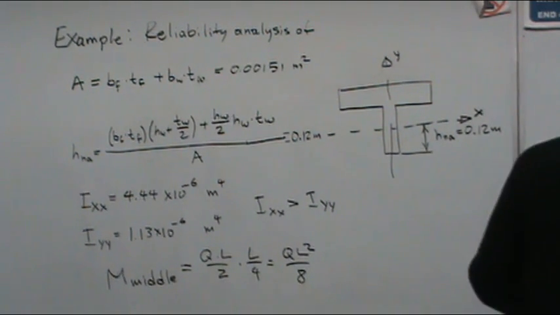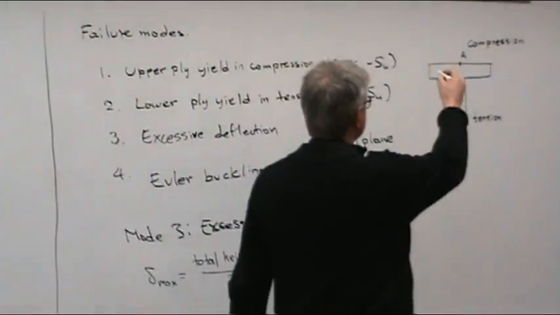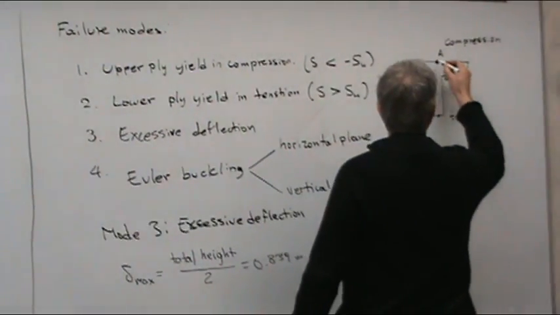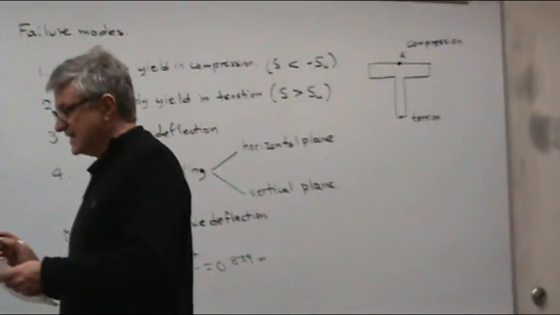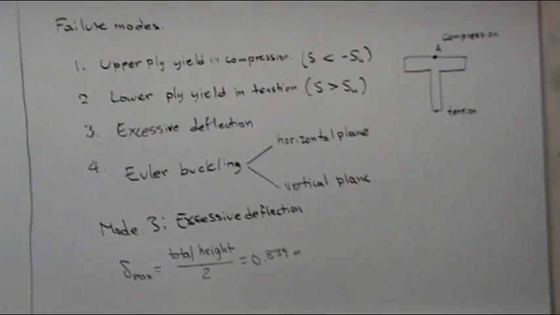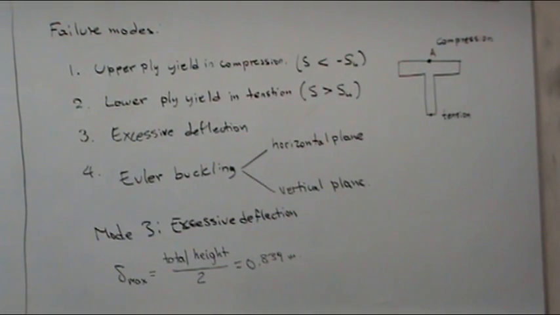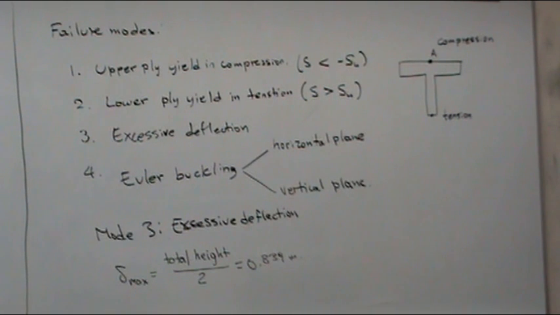If you want to calculate the stress on the upper part of this point, the stress is because of two components. One is bending, so you have compression of the flange, but you also have the axial force that also causes a compressive force.